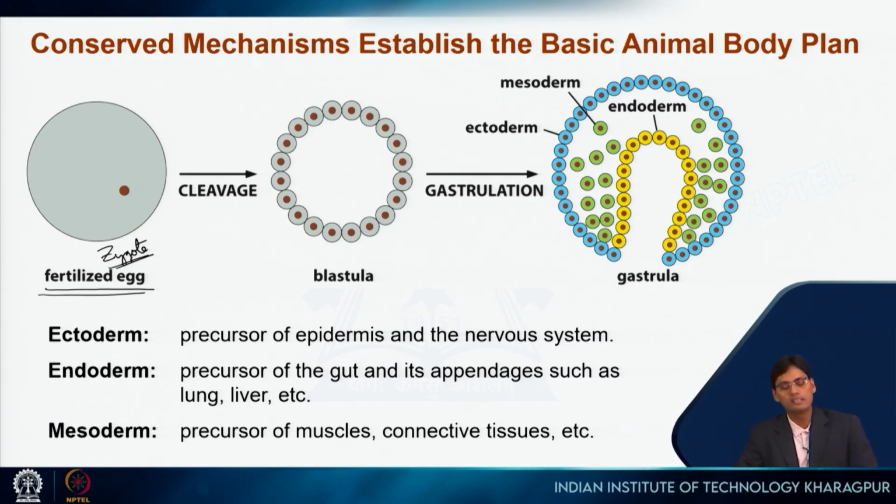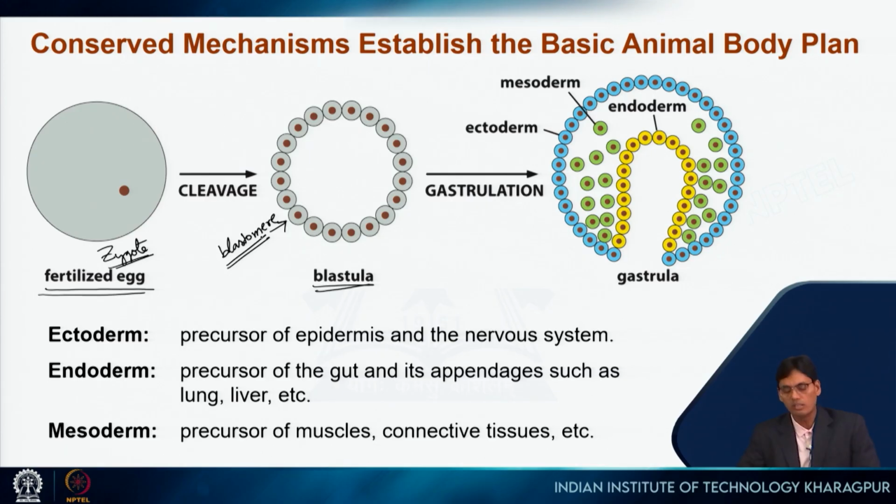After cleavage, or several rounds of initial division, it will form the blastula. And these cells present here are called blastomeres. These are kind of epithelial cells.